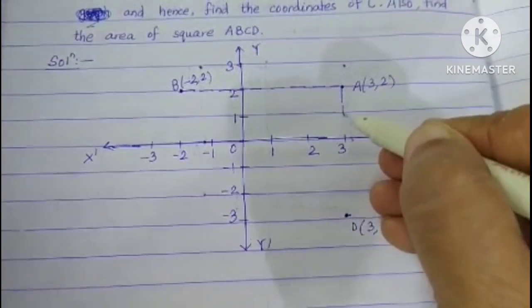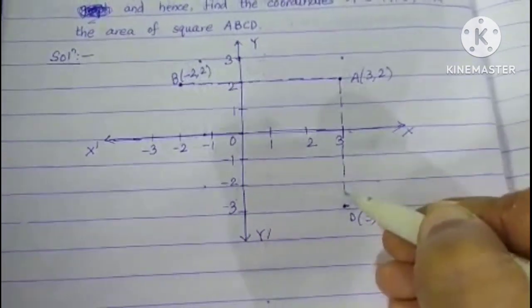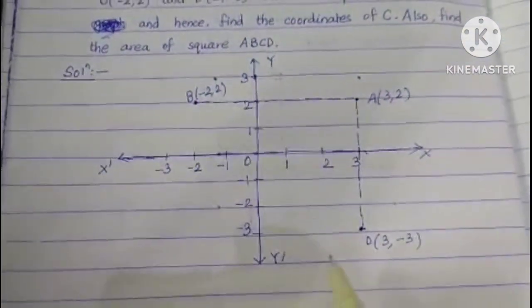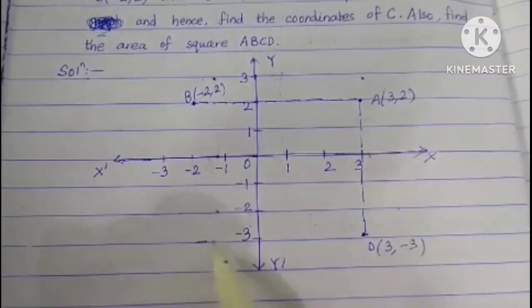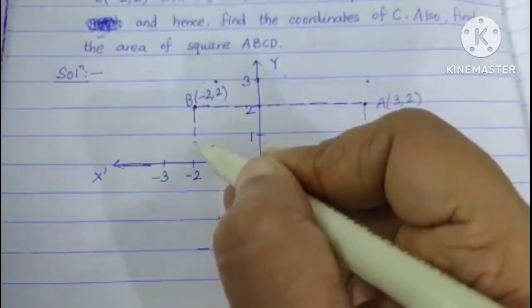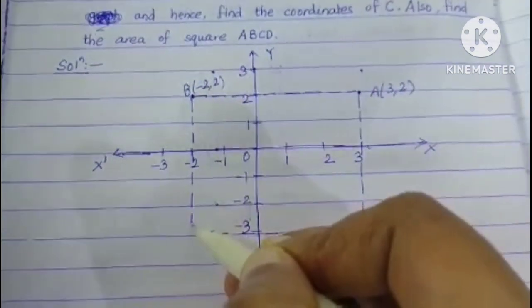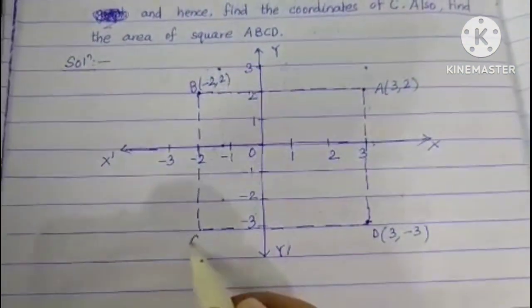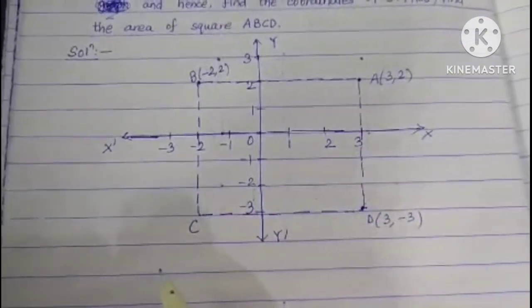Okay, so let us first join these points. Since this is a square, you can clearly complete the square. It will be like this. So this will be point C. And what will be the coordinates of point C?